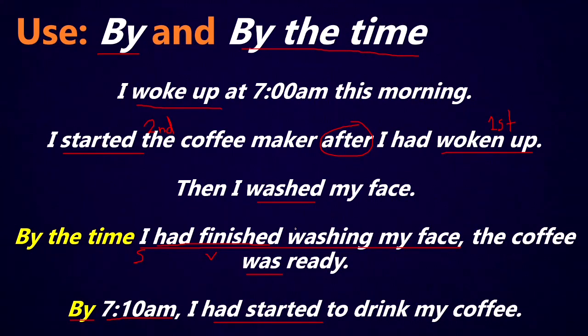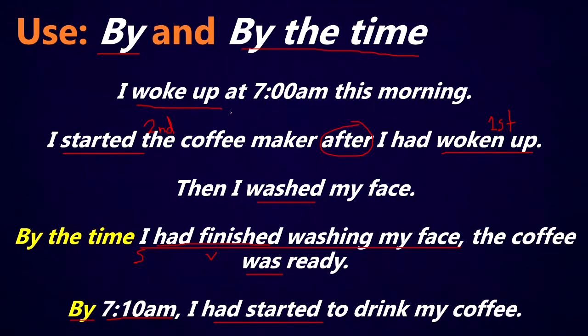So if I'm going through this routine, I woke up, I started the coffee maker, I washed my face, the coffee was ready, I started to drink my coffee, and you can see it starts at 7 a.m. and finishes at 7:10 a.m.